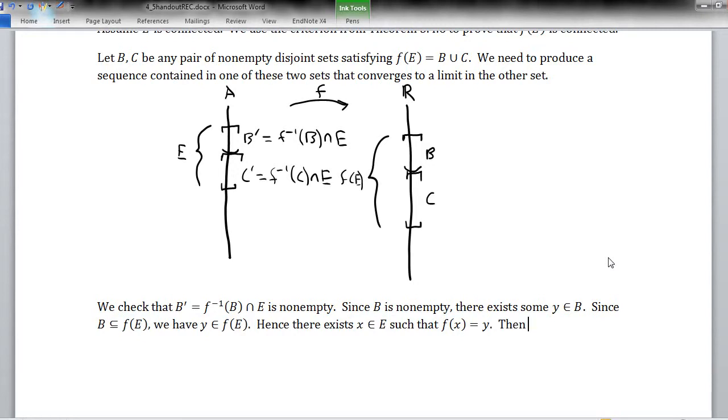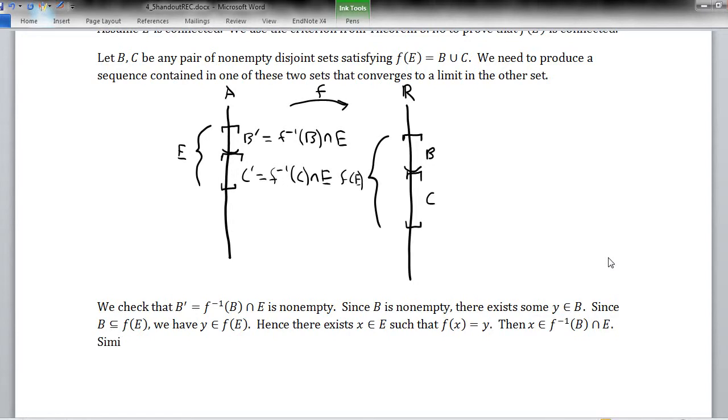Well then, what do we know about that x? We know that it's in f inverse of B, right? Because when you apply f to it, you get y, which is in B. And it's in E, as stated in the previous sentence. Okay. So there we found an element in f inverse of B intersect E. So B prime is non-empty.